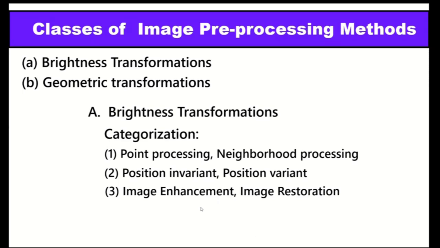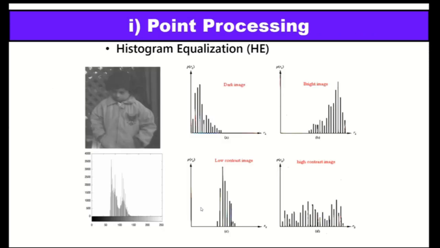Now, brightness transformations are done by basic image processing techniques like point processing, neighborhood processing, position variant or invariant processing, enhancement and restoration. In lab, we have learned what exactly point processing is.